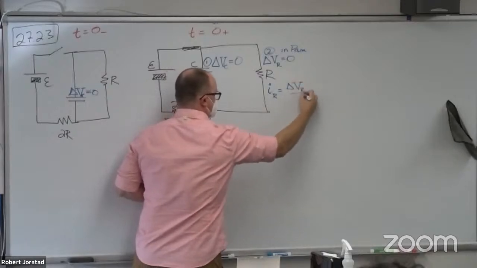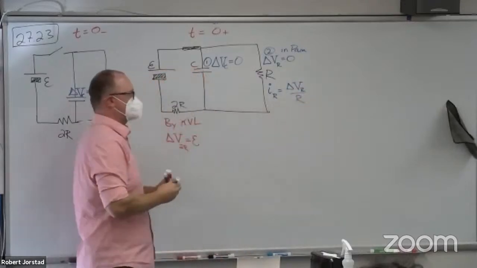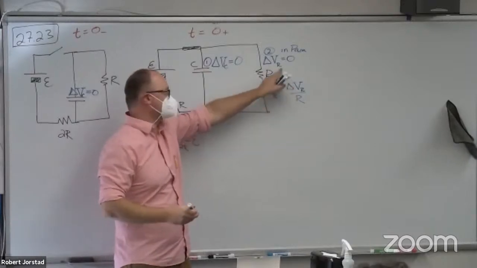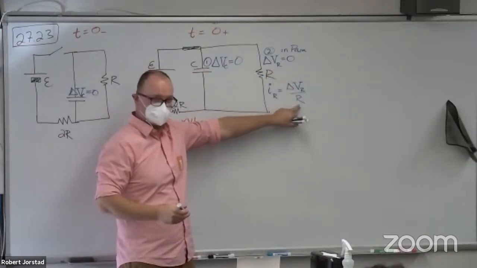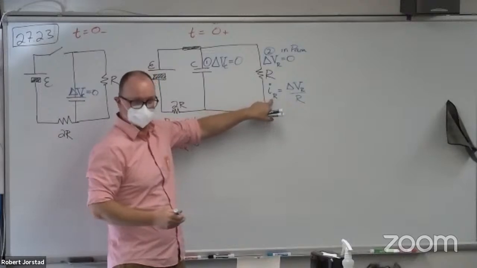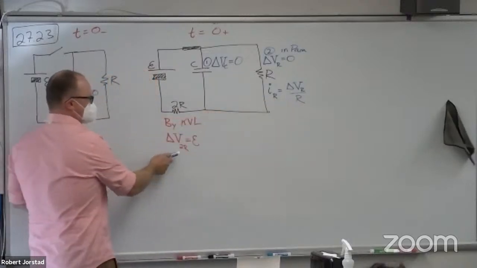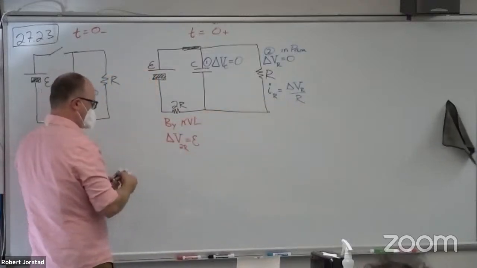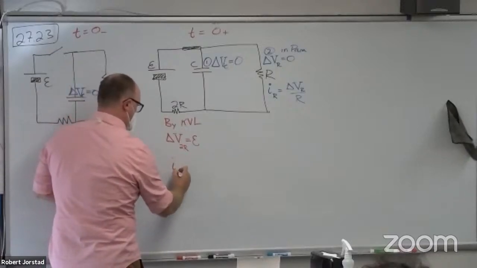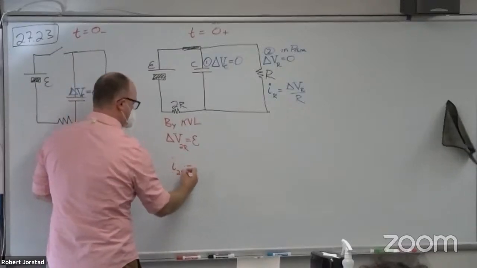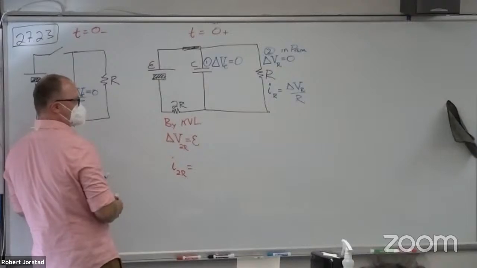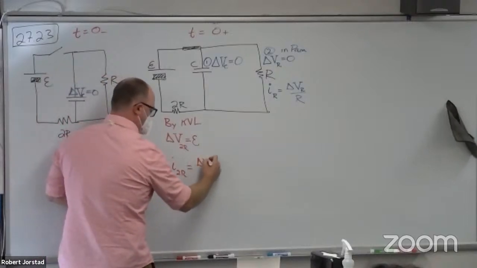We take the voltage across this resistor, which is 0, divided by its resistance to get the current through that resistor. What's the current down here? The current through the 2R resistor is, what's the voltage across that resistor, over that resistance.